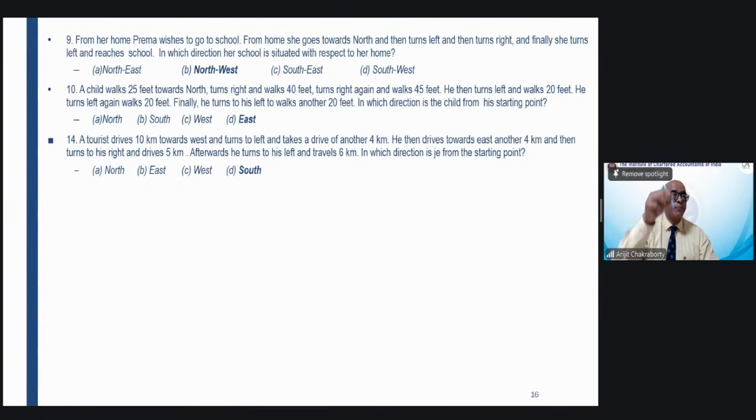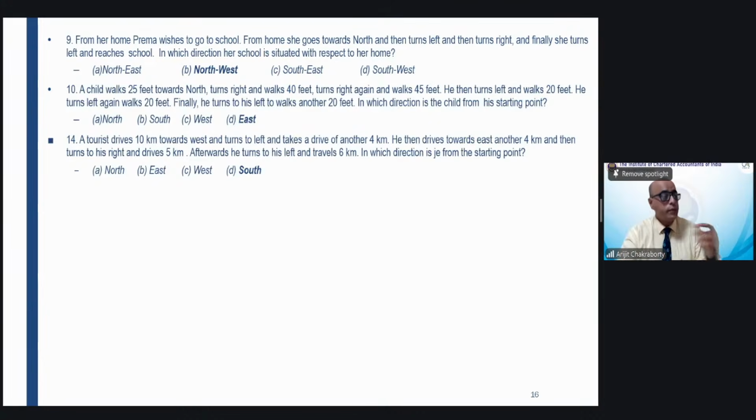4 kilometers. So when you draw the arrows, make sure not only the direction, please also write down the distance the person is covering so that you get the geometric shape also, whether it's a square or a rectangle, because you might get questions where you need to consider both direction as well as distance.